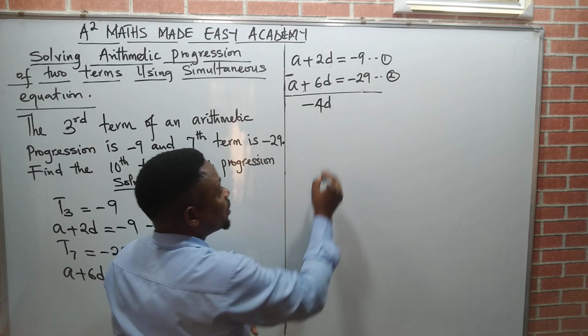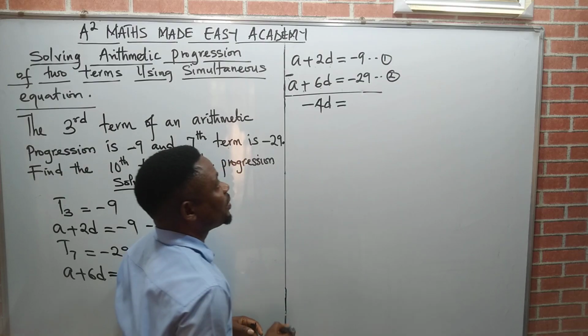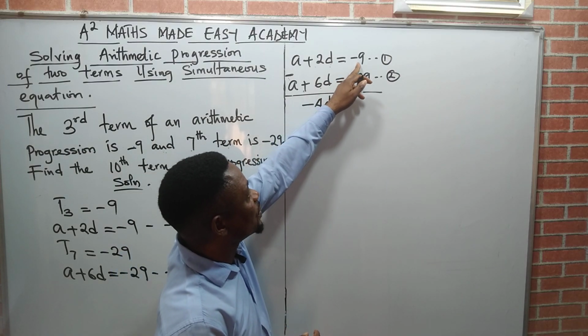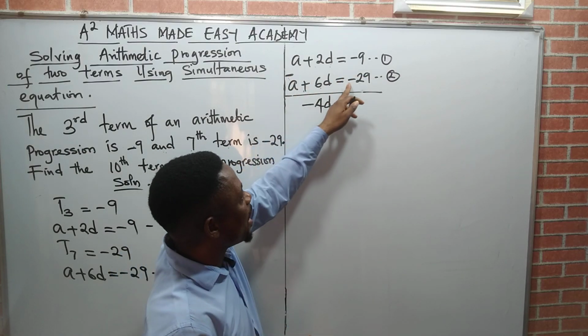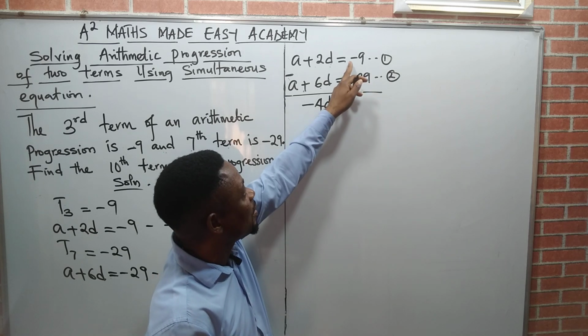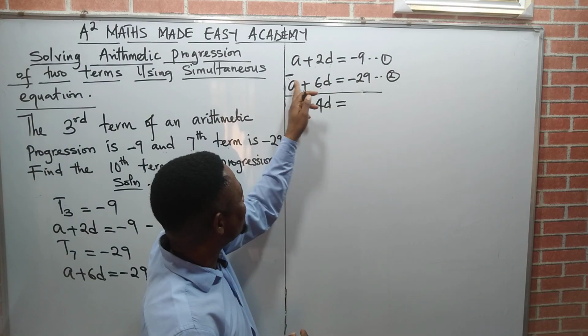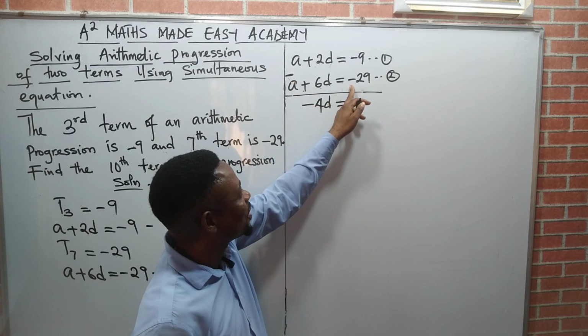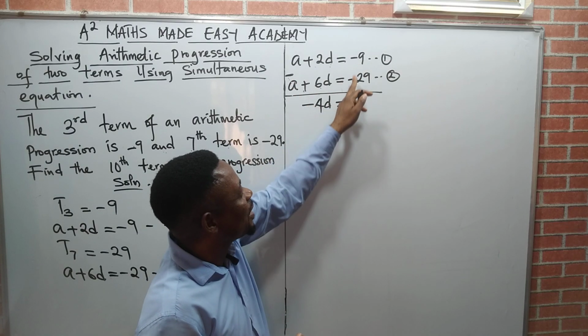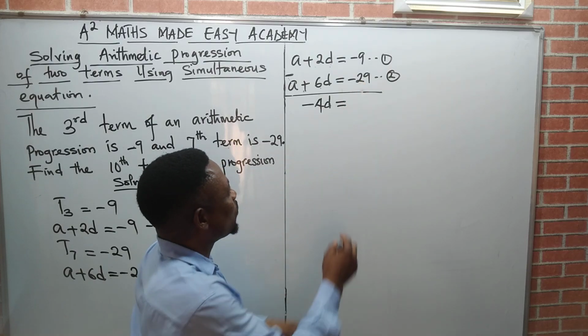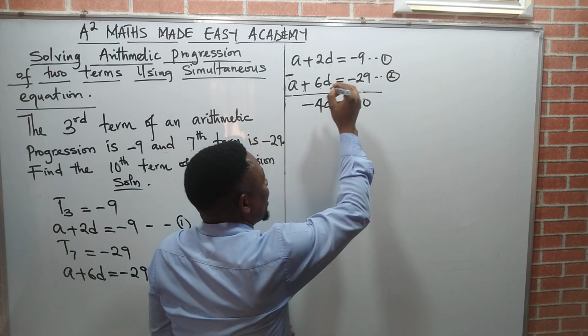Now we move over to the right. The right is minus 9 minus 29. Minus 9 minus 29. You know, minus times minus is plus. Minus 9 plus 29 gives us 20. Are you with me now?